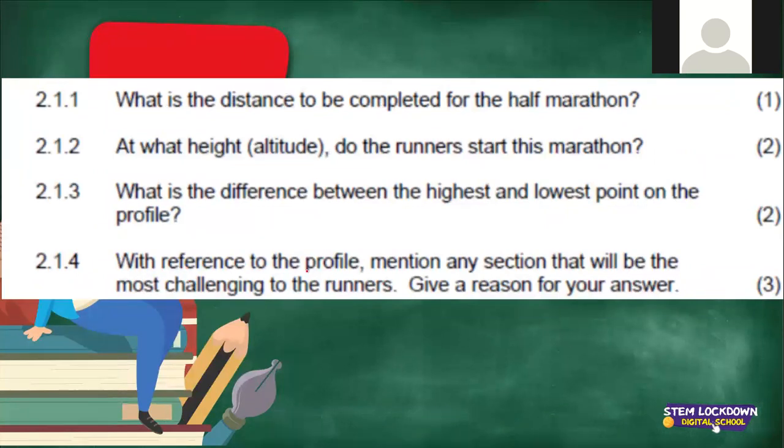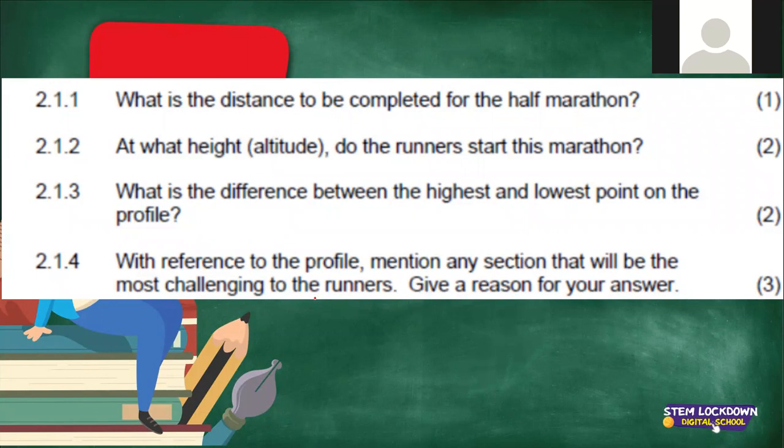With reference to the profile, mention any section that will be challenging to the runners. Give a reason for your answer. Okay, don't give me a reason because it may take some time. I want to know which section will be the most challenging for runners.